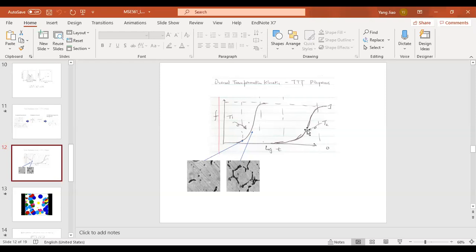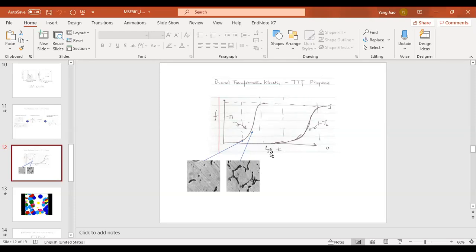In all transformations, temperature is definitely going to play a role, but for a given temperature, as time proceeds, we also see the transformation proceed. So the TTT diagram allows us to collect all this information in a very schematic way onto a kind of universal diagram, so that we can easily analyze and use that information to design microstructure.